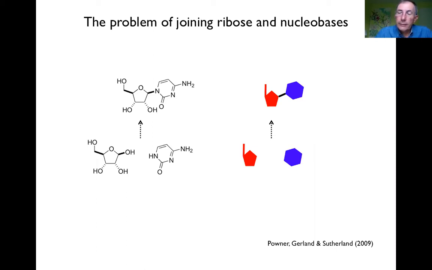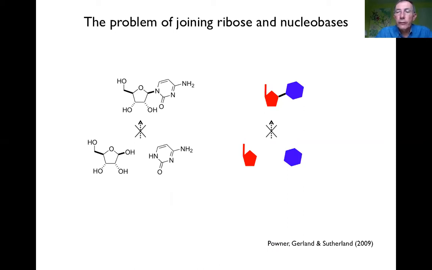And that doesn't work. This is a well-known problem for more than 50 years now. It works under special conditions. We, of course, can do it industrially, but it doesn't work under natural conditions in any way in which you could say this is how it happened in the beginning.